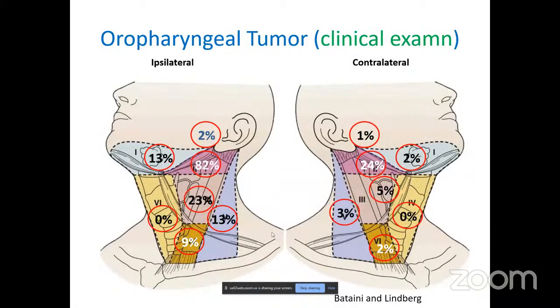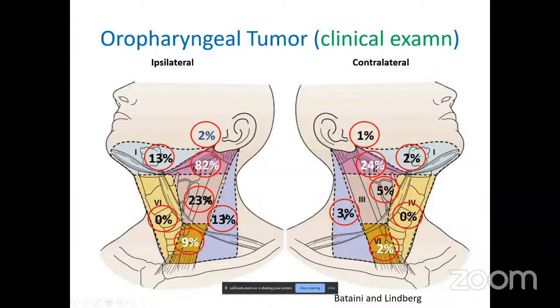Now, apart from the staging of primary, because staging is important, the important aspect is knowing the natural history of the disease of oropharynx and hypopharynx. If you look at the oropharyngeal tumor, most tumors come with level 2 or level 3 nodal metastasis.